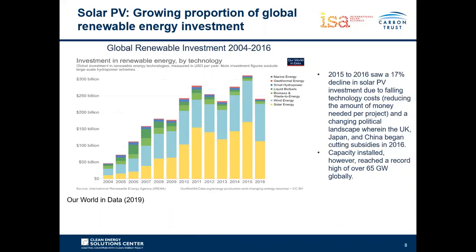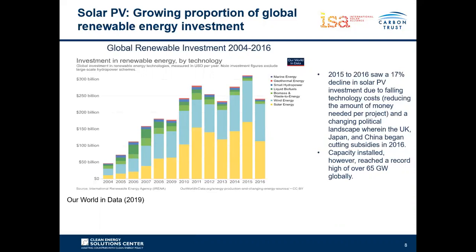The decrease in solar PV investment as measured in US dollars between 2015 and 2016 can be attributed to two things. The first being a fall in the costs of solar PV, which means that you get more capacity installed for less investment.